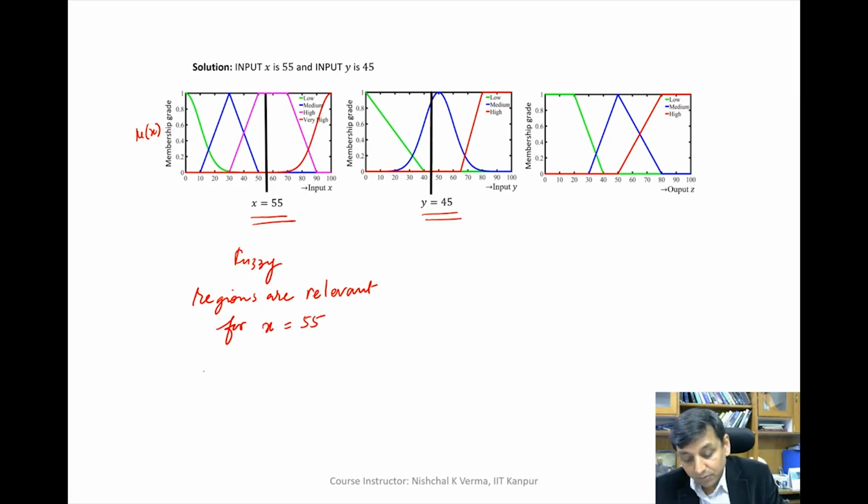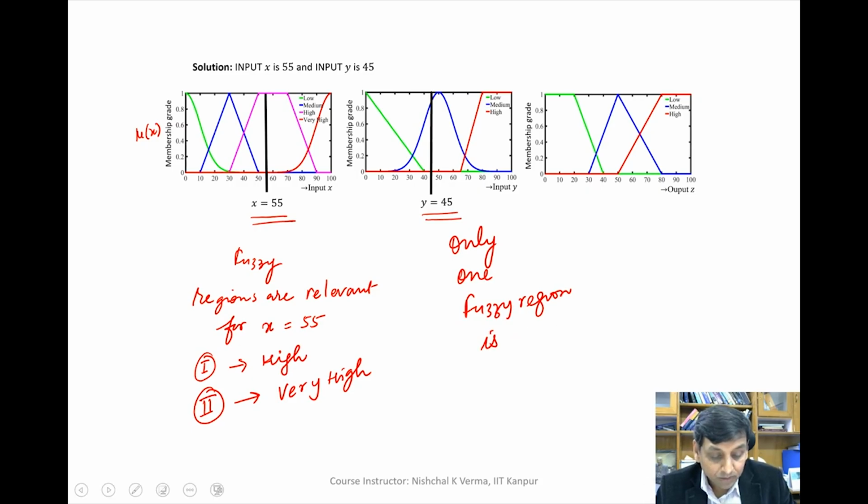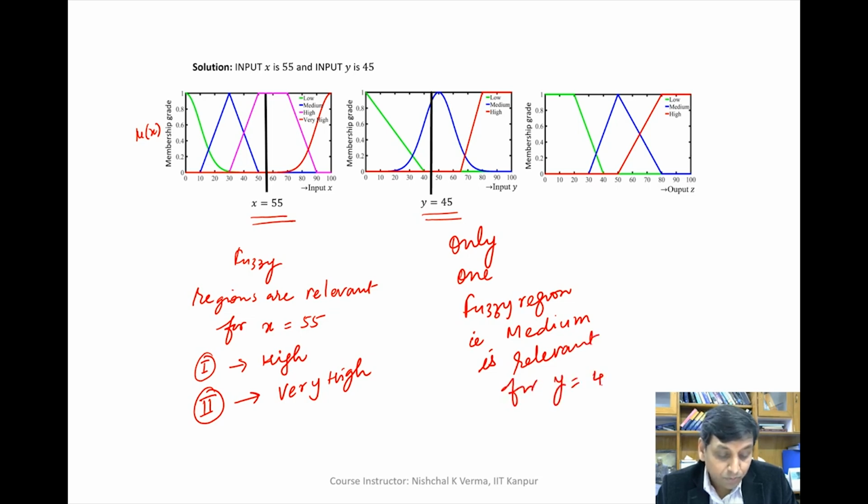First fuzzy region is the high region, and the second is the very high region. For Y is equal to 45, only one fuzzy region is relevant, that is medium.